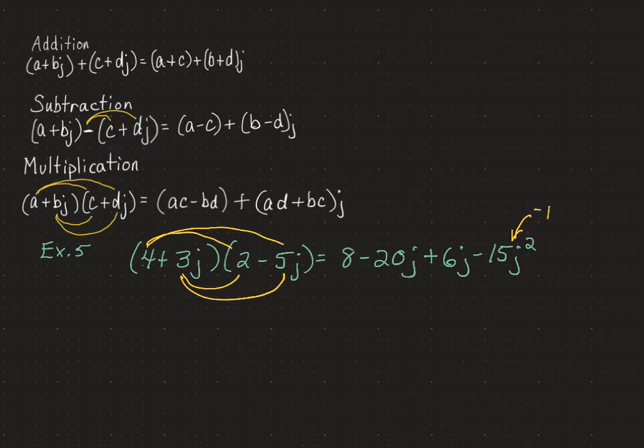So we actually have here -1 times -15. Let's go ahead and combine like terms. We have -20j plus 6j, that will give us -14j, and then -1 times -15 will give us 15. So combining like terms further, we have 23 minus 14j. That is the product of our two original complex numbers.